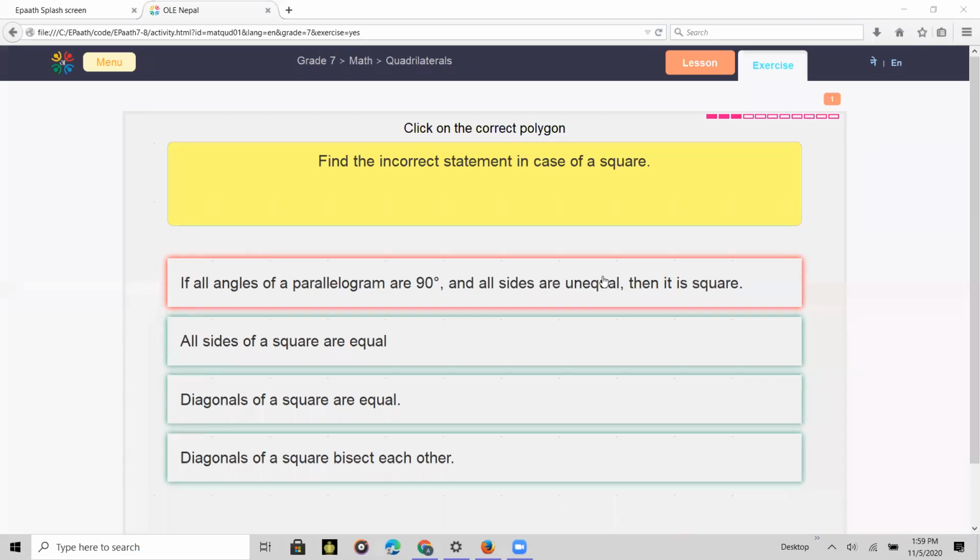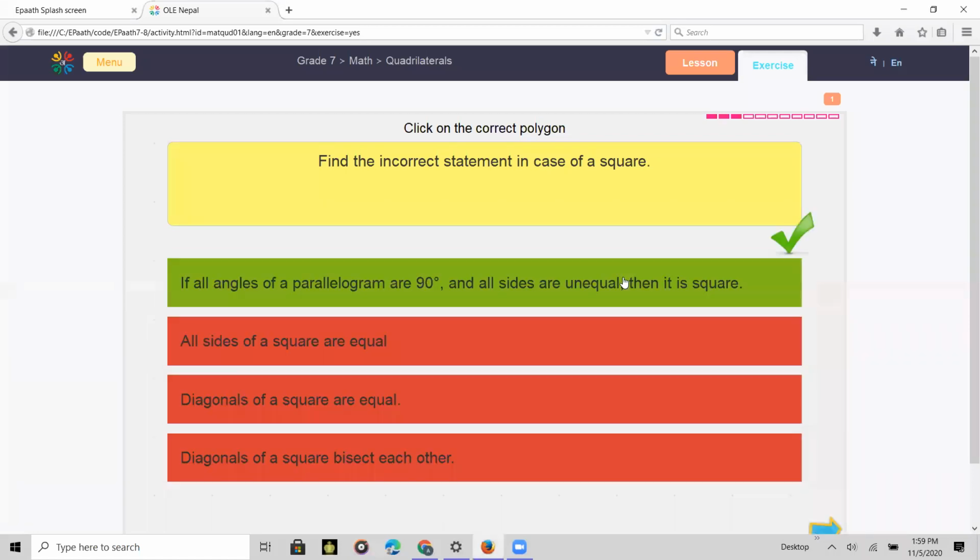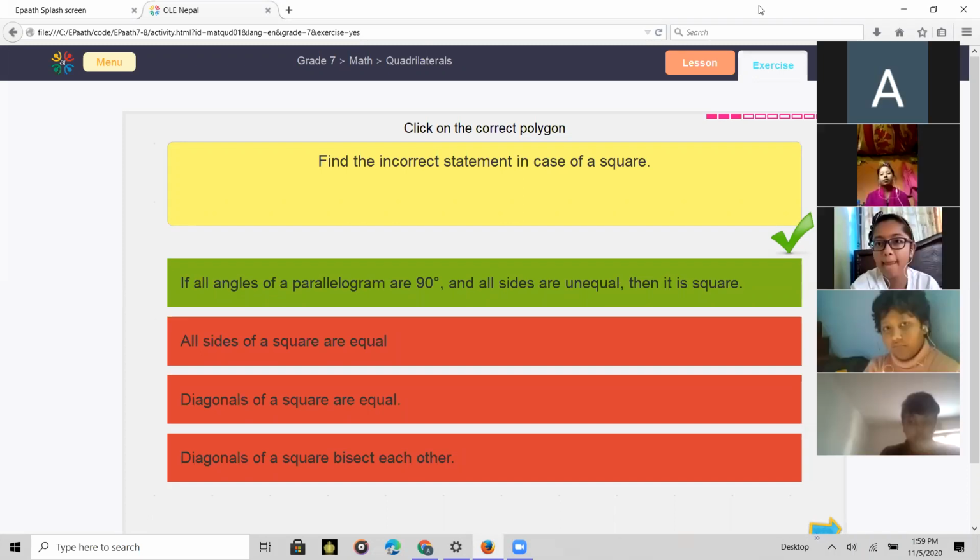Please give a reaction whether my student's answer is correct or not. Yes, come on, good, correct answer. Come on, give a clap, everyone. Once more, clapping, please. Yes, very good. Thank you very much.